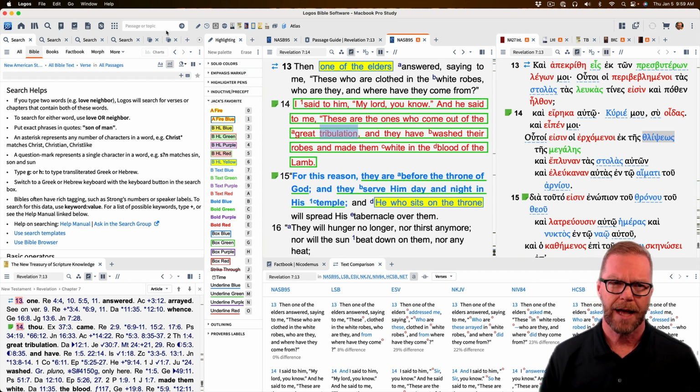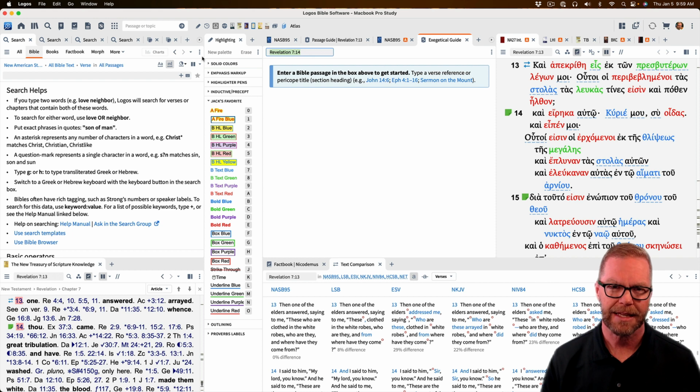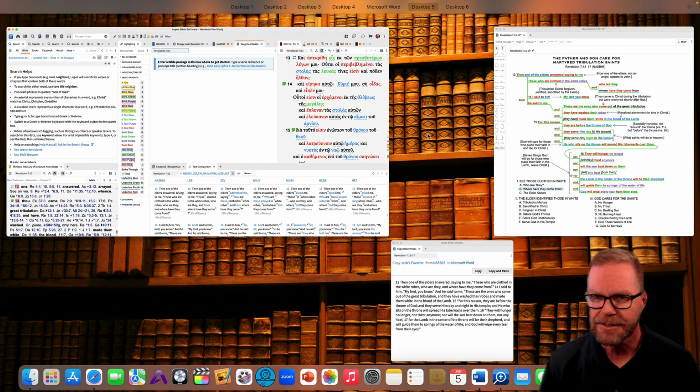So Logos has different helps, different tools and guides. So if I click guides right here, do you see this exegetical guide? Okay, let's put our text in here, or we're just going to do Revelation. What is our text anyways? It's 13 through 17.